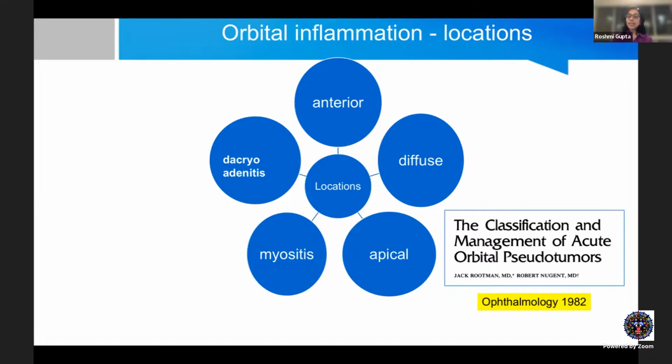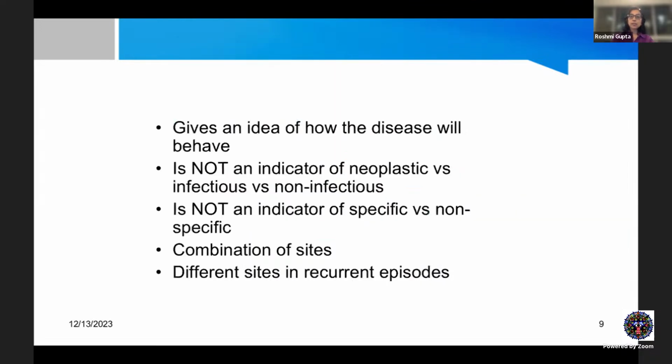After 1938, in 1982, Dr. Rootman came up with this classification by location, which has yet been in use. Now, this is something that helps us determine how a certain disease is going to behave. But this is not an indicator of neoplastic versus infectious versus non-infectious.